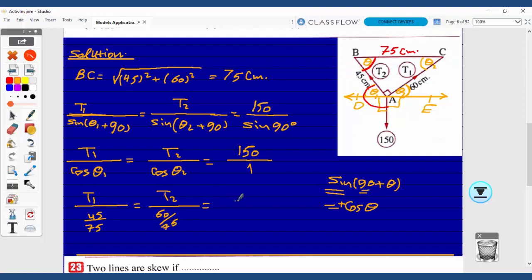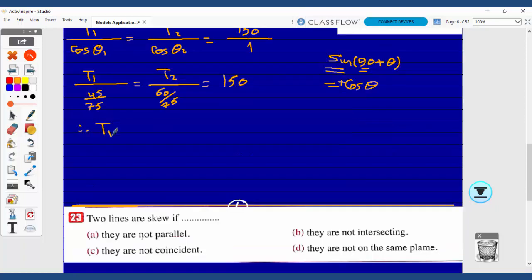Okay, equals 150. So T1 equals 150 multiplied by 45 over 75. Dividing up and down by 75, you will get 2. So T1 equals 2 multiplied by 45 equals 90.